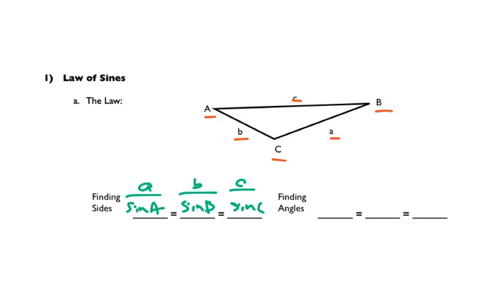So it's going to be the sine of A divided by lowercase a is equal to the sine of B divided by lowercase b, and that is equal to the sine of C divided by lowercase c.